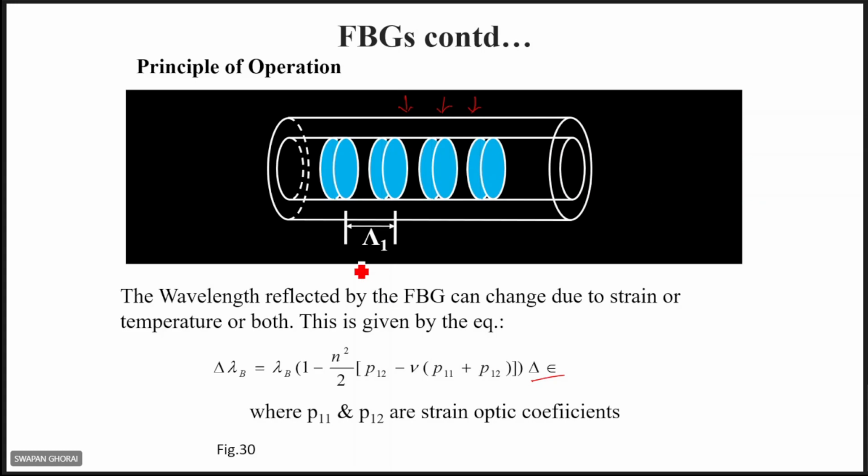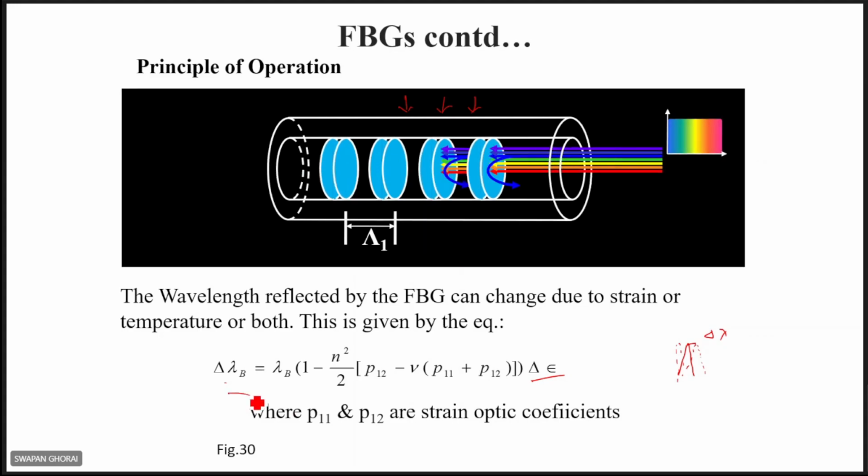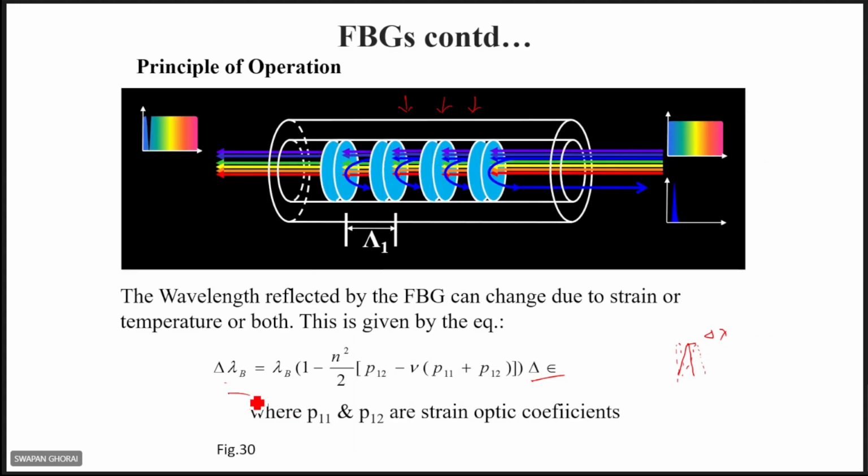This capital lambda will change. So capital lambda change means lambda Bragg will change. There will be a shift in the wavelength. Suppose earlier it is here. After providing strain, this can be shifted either to the longer wavelength side or the shorter wavelength side. Right. That shift is called delta lambda. Okay.